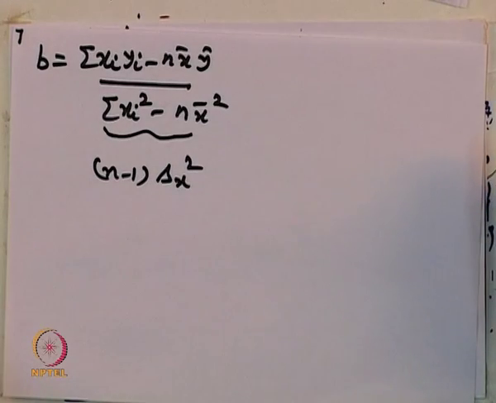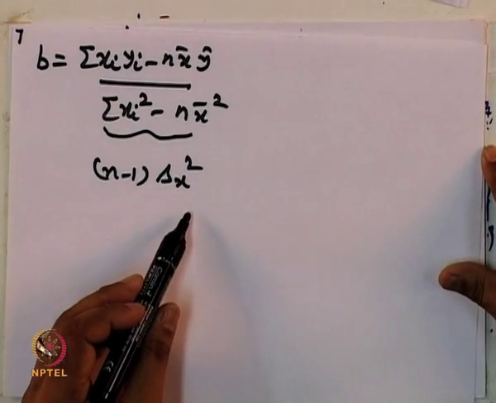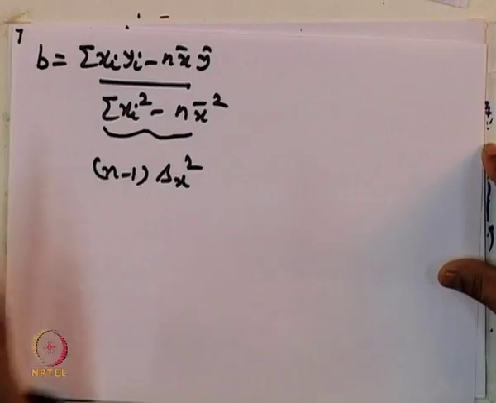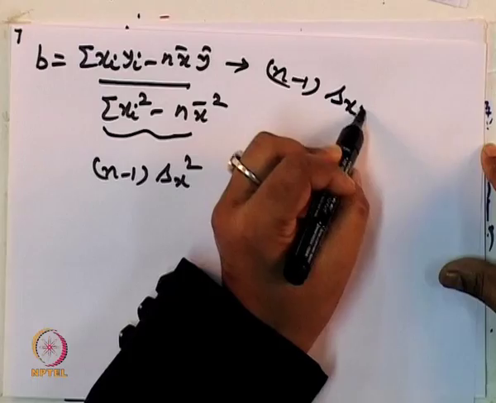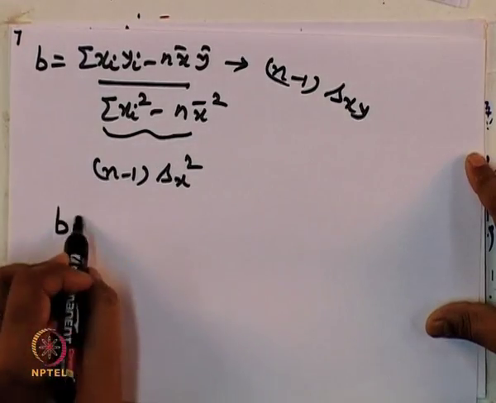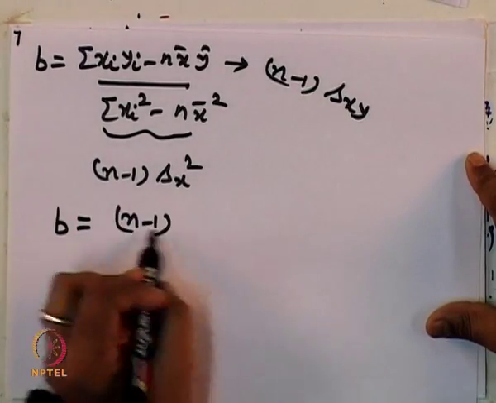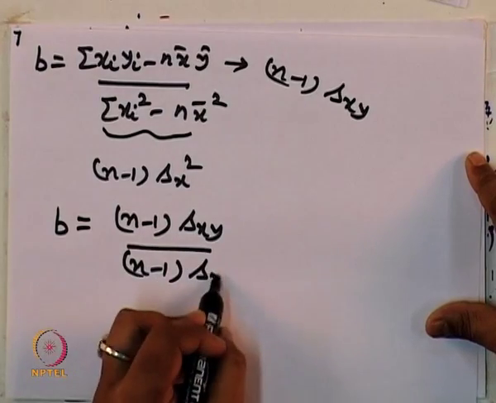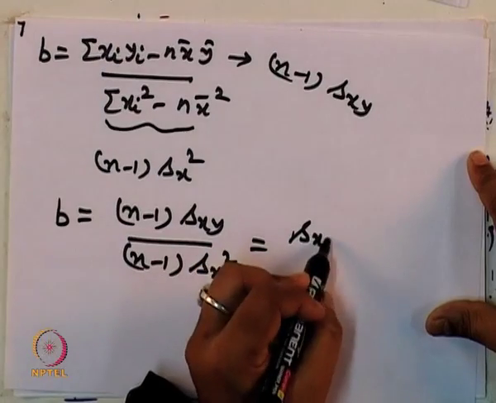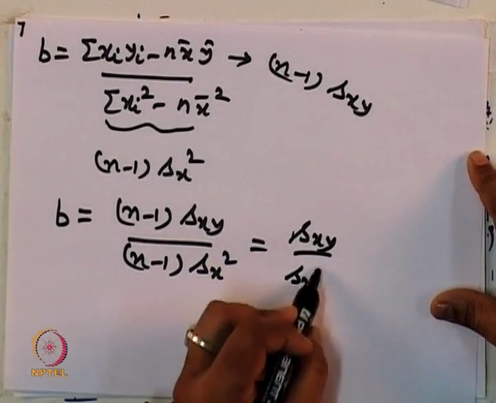Okay. And this we found was n minus 1 into S x y. Okay. So, my B is nothing but n minus 1 into S x y by n minus 1 into S x square is equal to S x y by S x square.